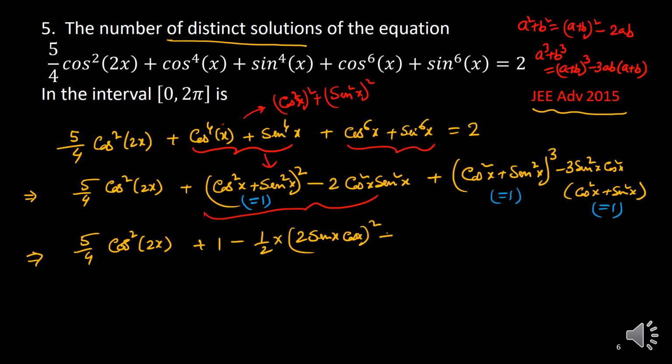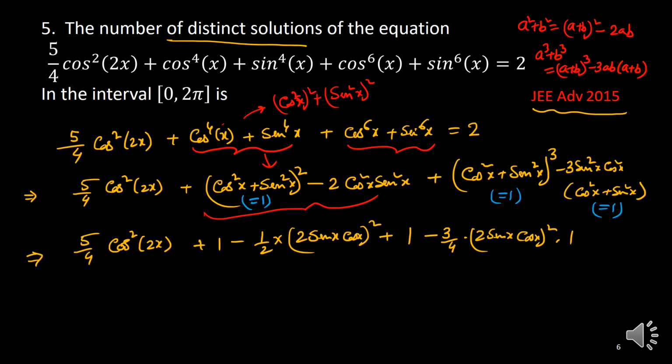And this one I can replace by 1 cube is 1, minus 3, and this one I can write as 3 by 4 into 2 sin x cos x, that whole square, and the last one is 1. Because this 2 square is 4, it cancels out and I will get only 3. I think it is understandable.